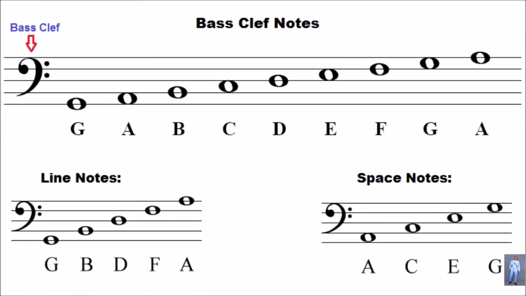If we take all the notes and put them on the spaces and lines of our bass clef, you'll notice that these notes move progressively, in alphabetical order. G is the first line, and since G is the last note, we start again from A. So we have G, A, B, C, D, E, F, G, and A as the notes of a bass clef.